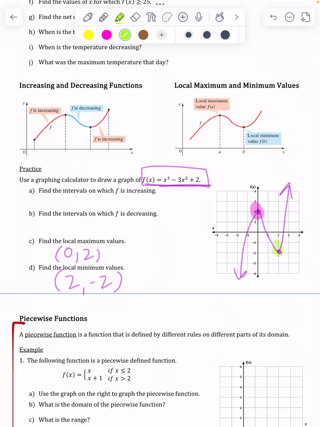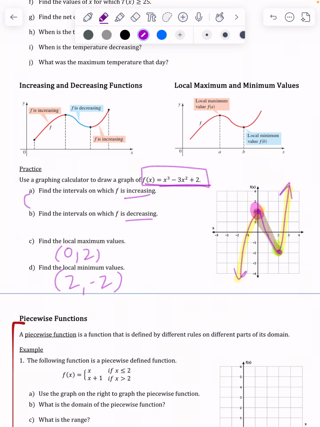So I'm going to do increasing in yellow. So we increased, then we went to that max point, and we decreased. And from that minimum point, we increased again. So the yellow is when it's increasing. When we talk about increasing or decreasing, we talk about what the y value is doing.